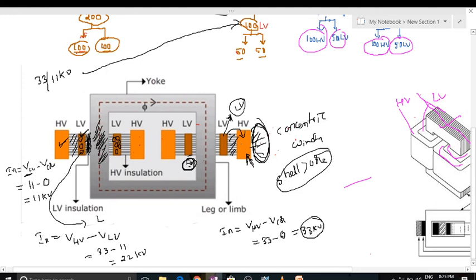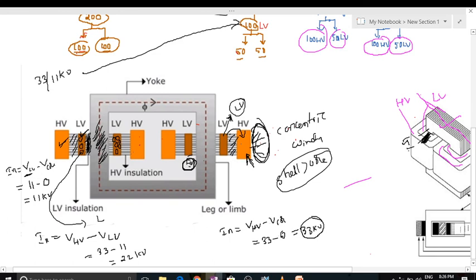33 kV insulation is a large size of insulation. If you place it nearer to the core, the diameter of the core increases like this. If the diameter increases, after that we should place the LV winding, and its circumference increases. Between LV and HV again we should place insulation, and the insulation diameter also increases.